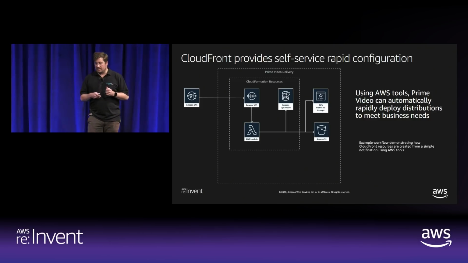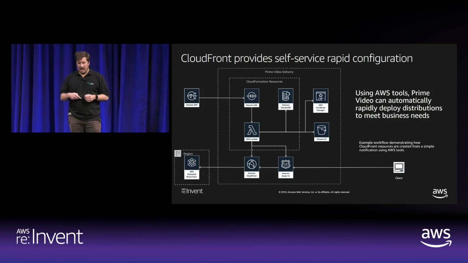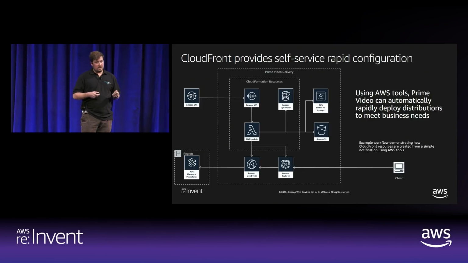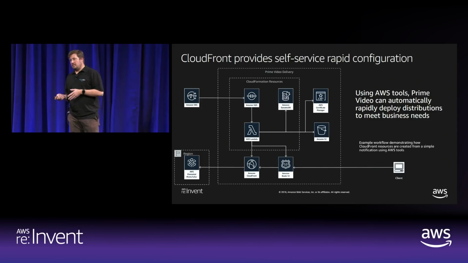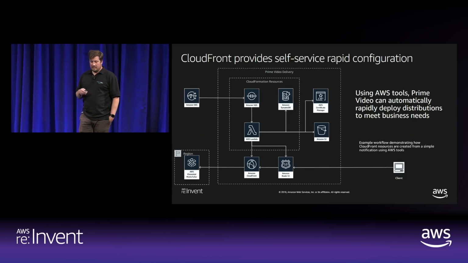So that's super straightforward, and anybody can build this with the tools that are available. And in this case, we're able to build the distribution and the Route 53 record that points to it. That way, clients could talk to Elemental MediaTailor. It came in handy, and we've built many distributions.